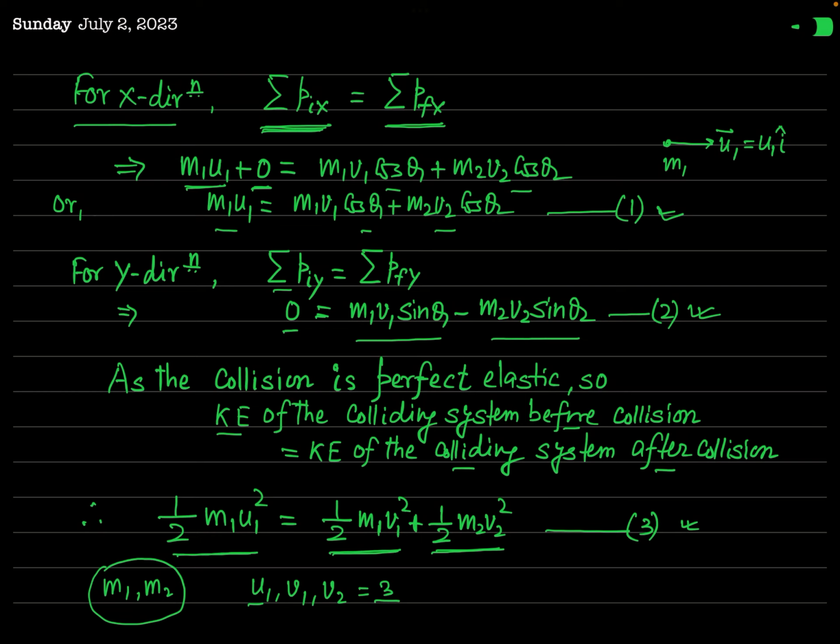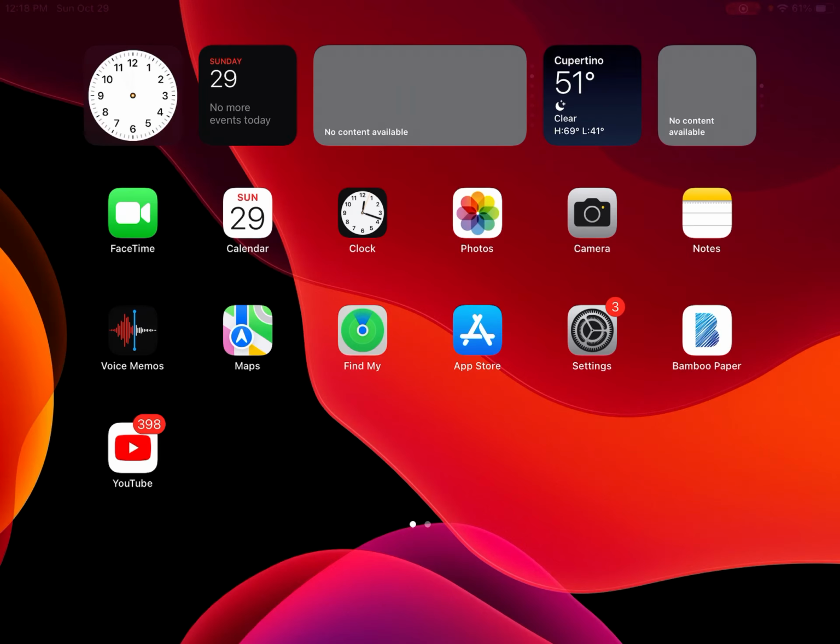Apart from these, there are 2 angles, theta 1 and theta 2. These are the angle of scattering and the angle of recoil. So as a whole, there are 2 angles here.